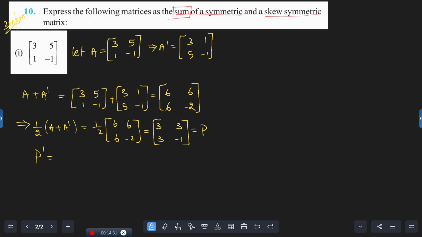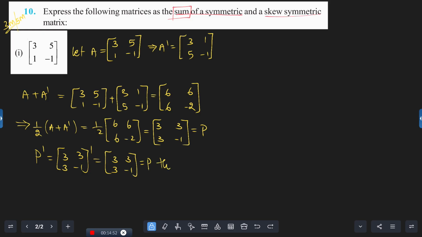So P dash is equal to 3, 3, 3, minus 1 whole dash. Means I'm taking the transpose. A row, if you write it as a column, this row I'm writing as a column. So what will you be getting? 3, 3. This one you write as a column, 3, minus 1. See children, we are getting the same.